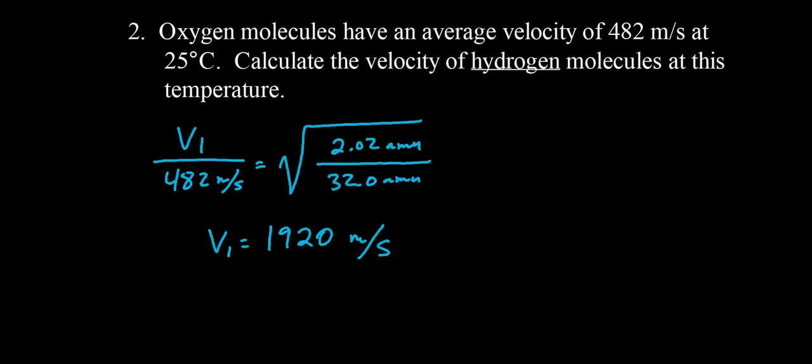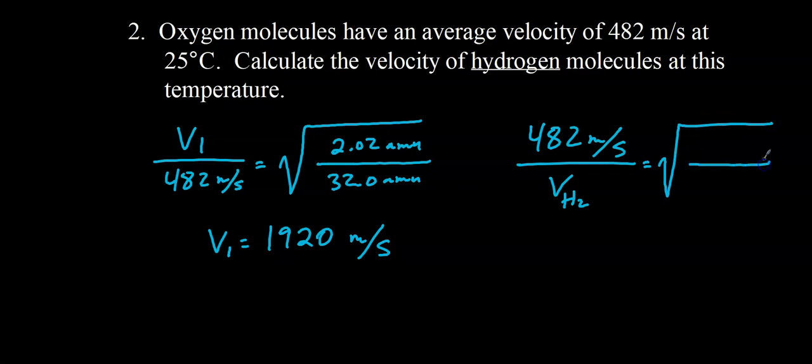Now notice how I set it up here. You may have set it up differently. Maybe you did 482 meters per second over V, whatever you want to call that, V hydrogen. And then if you did that, then it's going to be 32, remember, oxygen is O2, over 2.02.